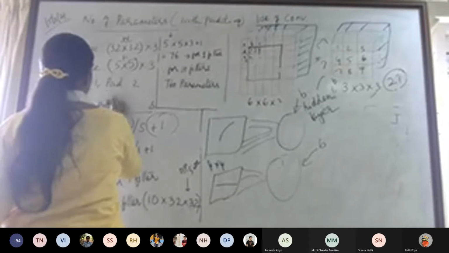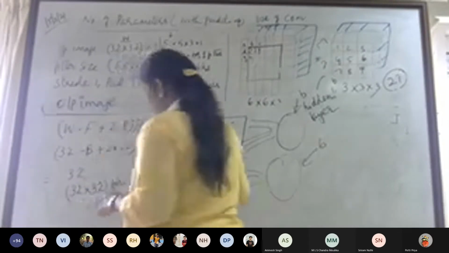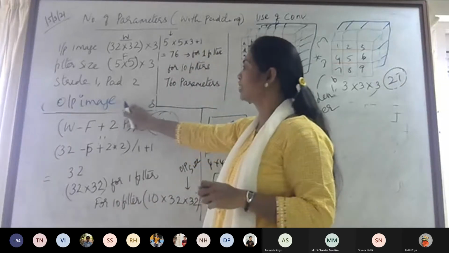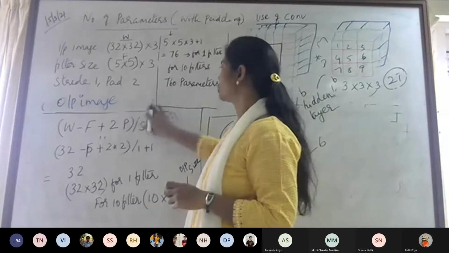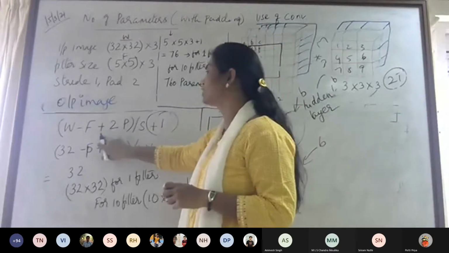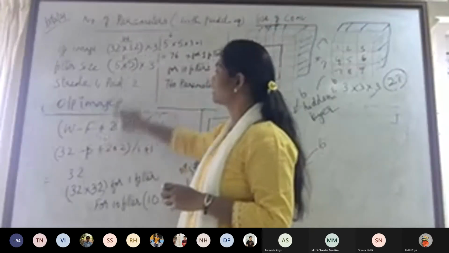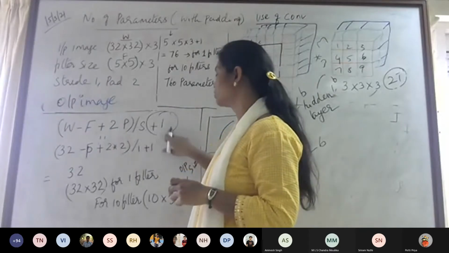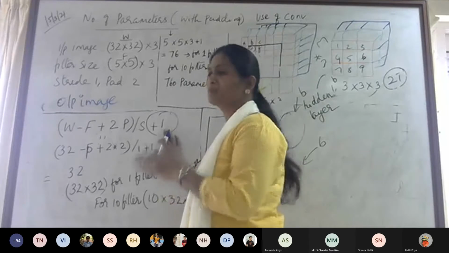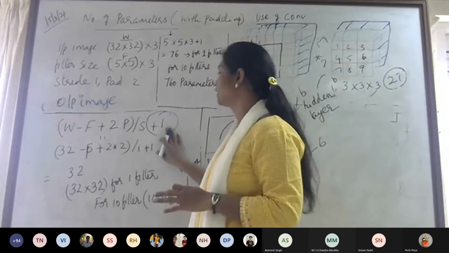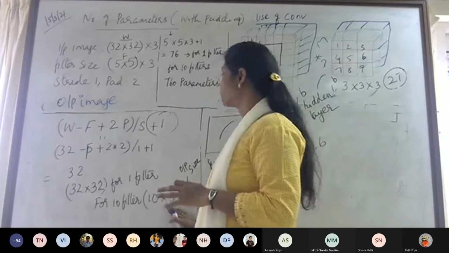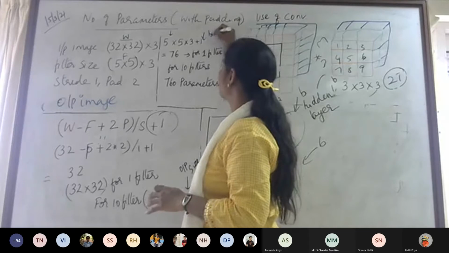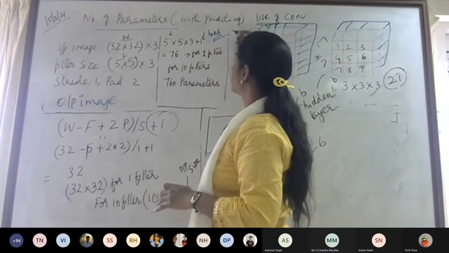If you are finding the size of the output image, then it is W minus F, that means input image size minus window or filter size, plus 2P, divided by S, plus 1. This plus 1 is simply added to get the size 32 cross 32. Whereas this plus 1 is the bias if you are calculating the parameters.